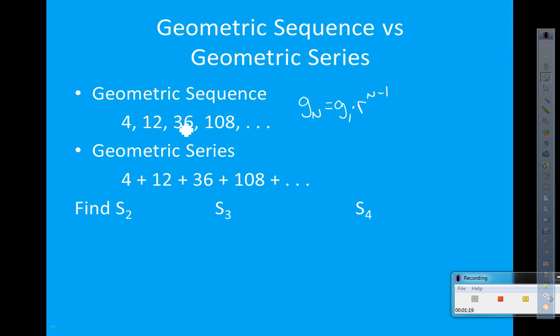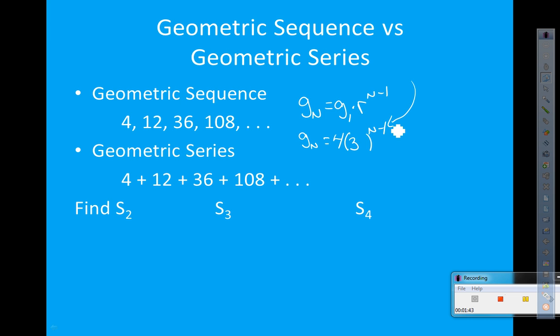So if I was writing a formula for this, it would look like this: G sub n equals G sub 1, which happens to be 4, r, which is my r value, whatever it takes to go from 4 to 12, 12 to 36, which happens to be 3, and the n minus 1. Notice that the n minus 1 is an exponent in this.